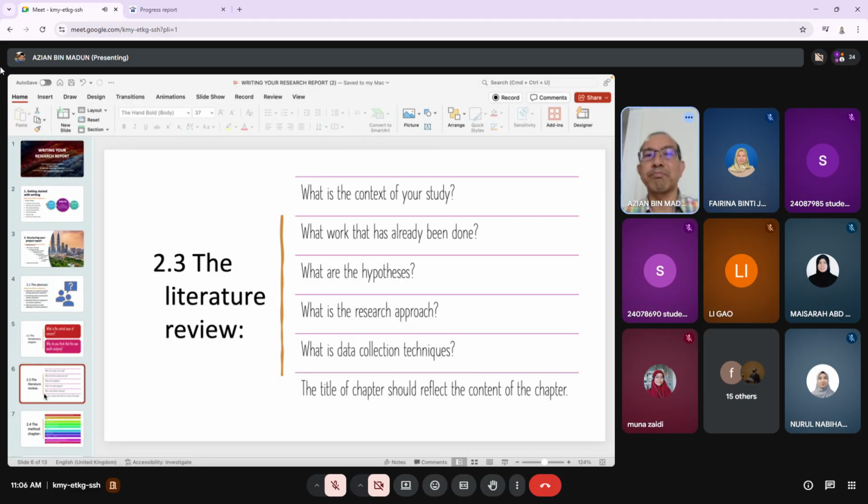You cannot take, for example, the TPB, theory of planned behavior, just because this theory is famous, and use it in your own country.